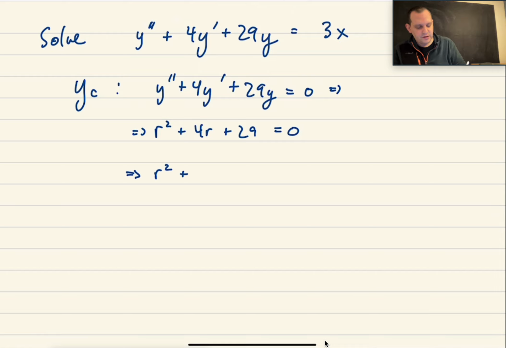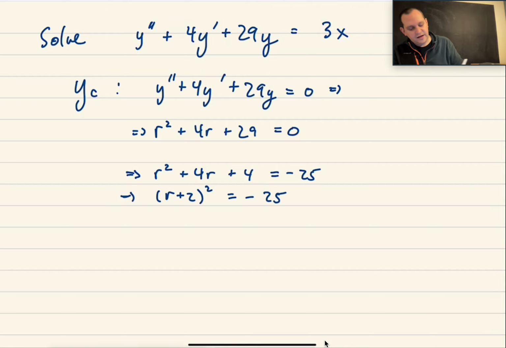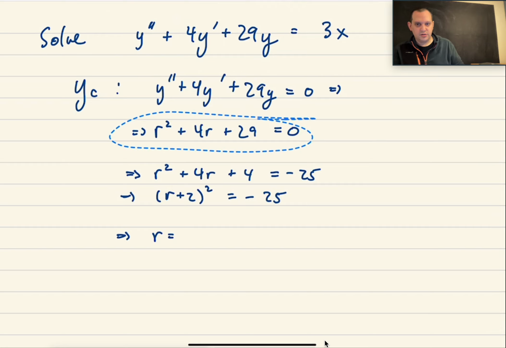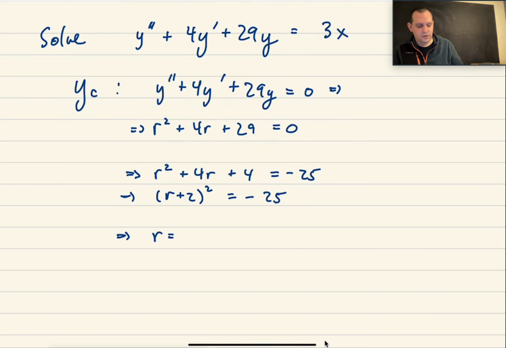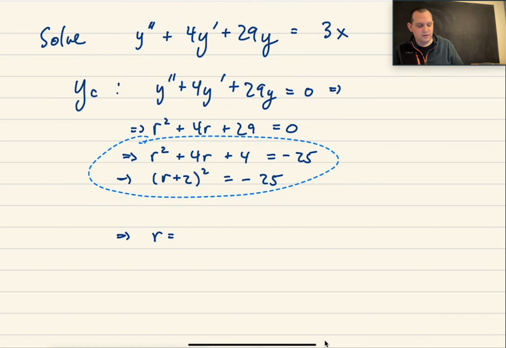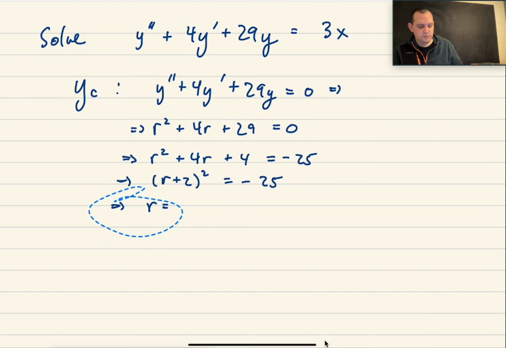So subtract 25 from both sides. And this tells us that r plus 2 squared is going to be equal to negative 25. And therefore, our solution for r is going to be r equals negative 2 plus or minus 5i.